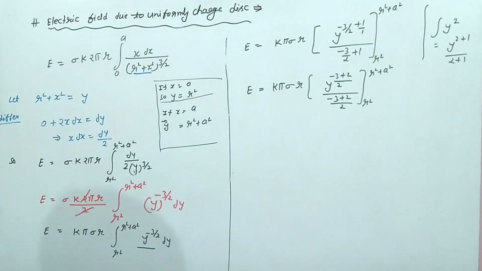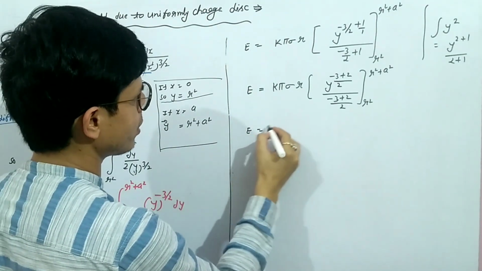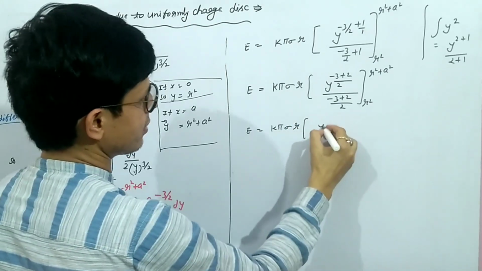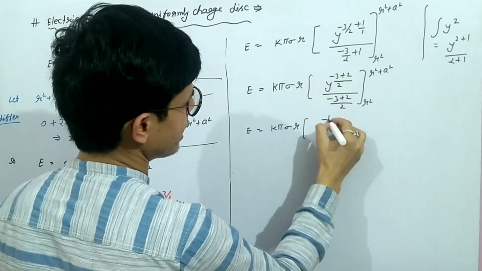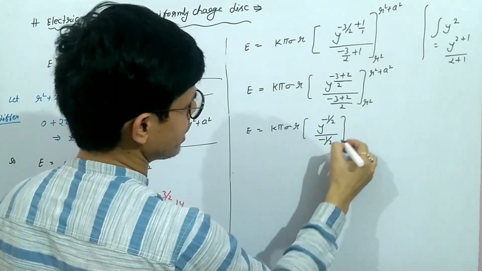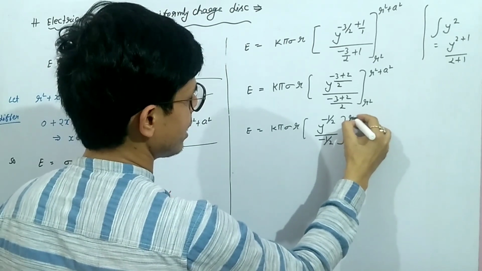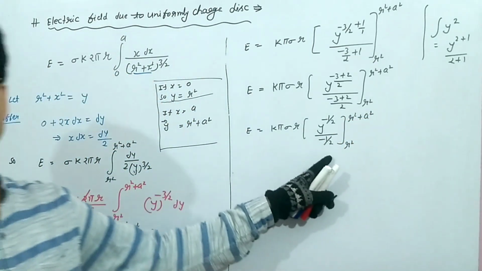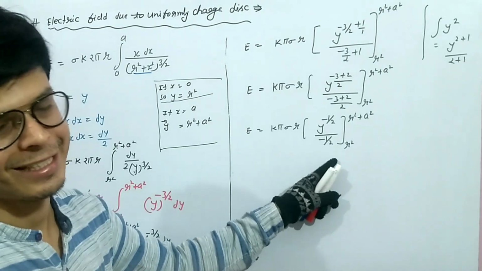Now further solve it. Equal to k pi sigma r, this is y to the power minus 1/2 upon minus 1/2, between r square and r square plus a square. Clear?